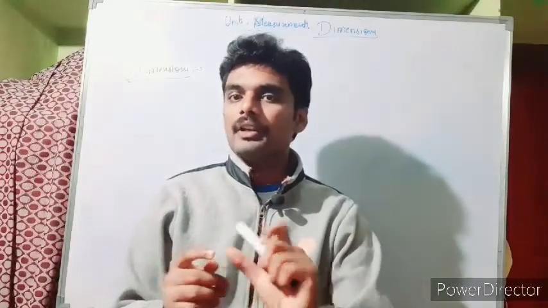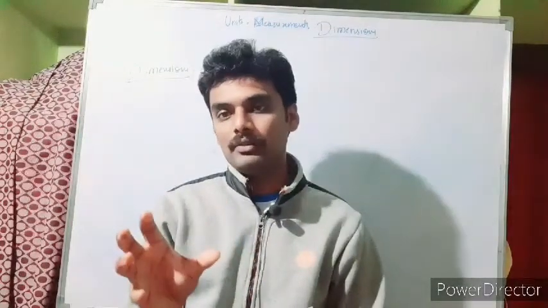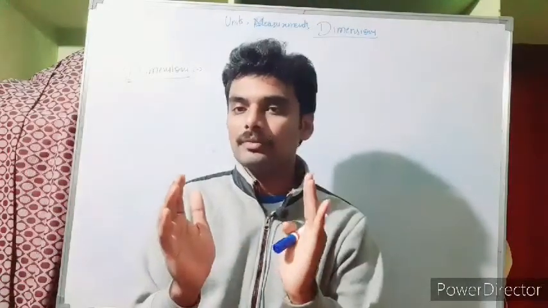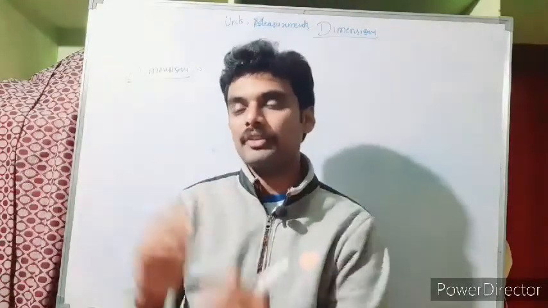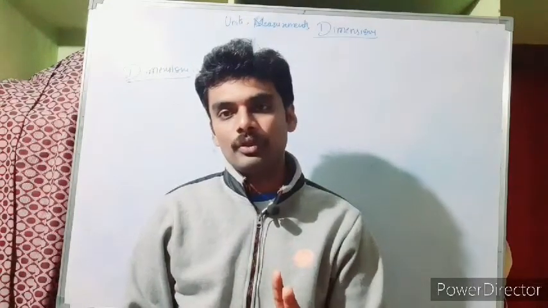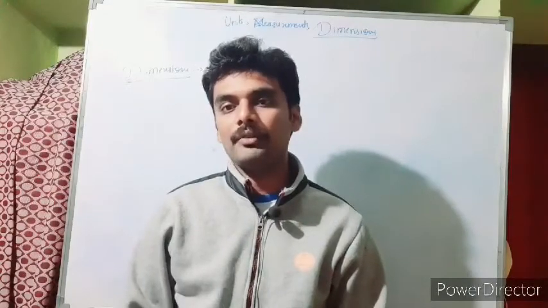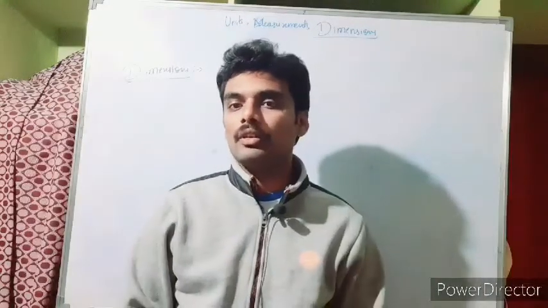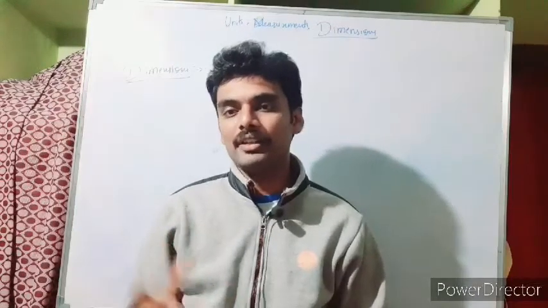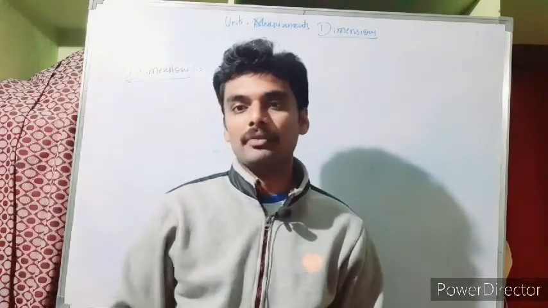So when I say a quantity, the numerical value and the unit are very important to express that quantity. Now, along with those two, we also have one more thing which is important to express the nature of that quantity, and that itself is the dimension of that quantity.